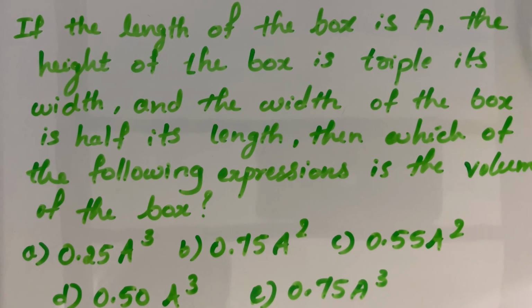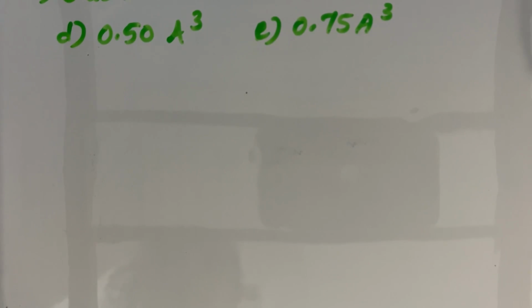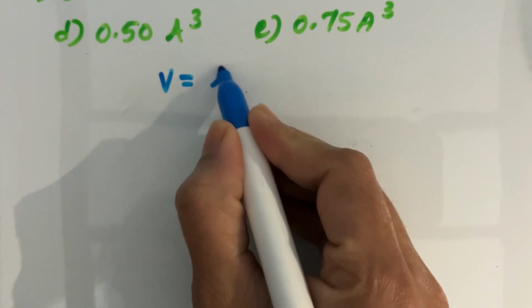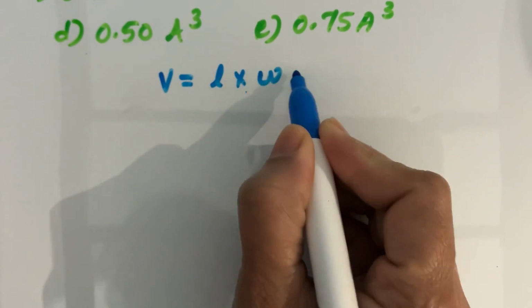Options: 0.25 A cube, 0.75 A square, 0.55 A square, 0.50 A cube and 0.75 A cube. This question is based on geometry. You have to find the volume of the box. How do we find the volume? Volume is nothing but length times width times height.